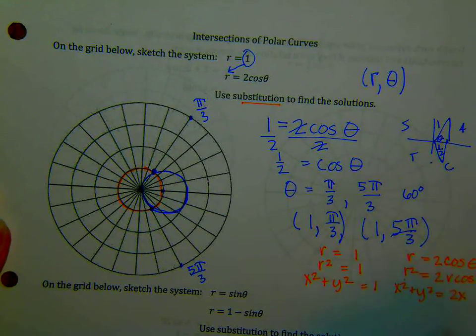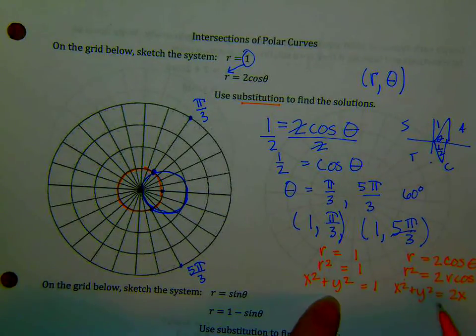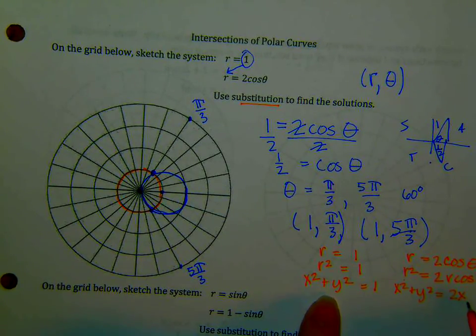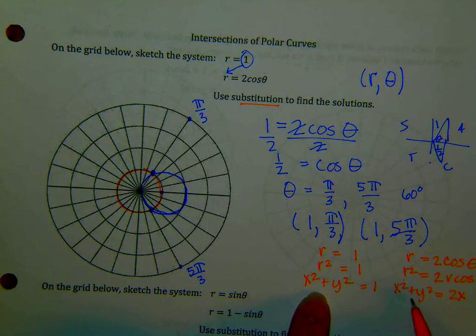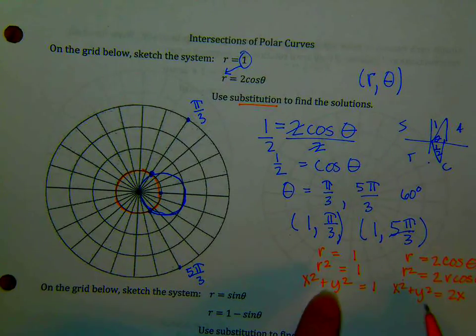Then I could change r squared into x squared plus y squared equals 2x, and now I have two equations, both in rectangular form. So notice that from the rectangular form, I could find where they intersect and find their rectangular coordinates.